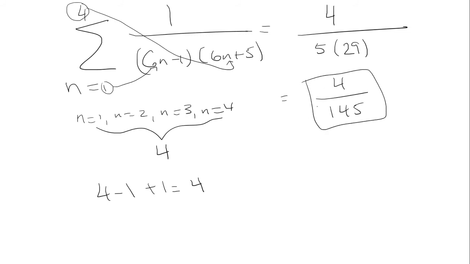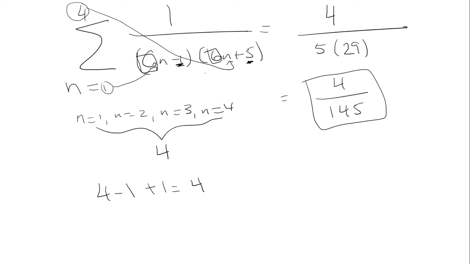So the trick applies whenever you have the difference. So here the negative 1 and 5, the difference is the same as the coefficients of n. Okay, so the difference is 6, so the coefficient has to be 6.